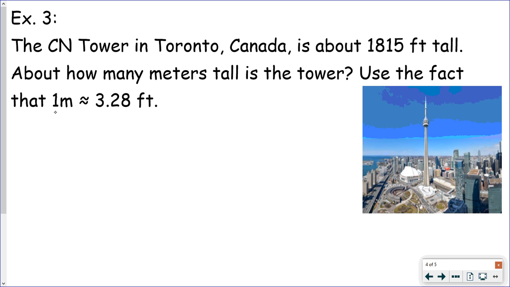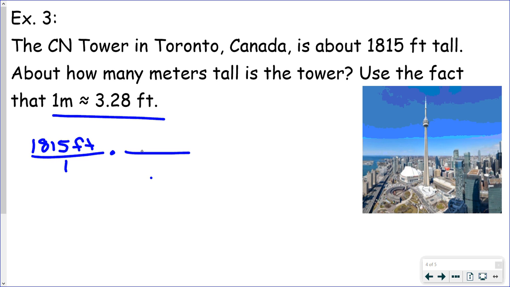So start with my 1,815 feet. Put that over 1. And then plug in this conversion factor in here. And again, remember, the same units have to be diagonal from each other.